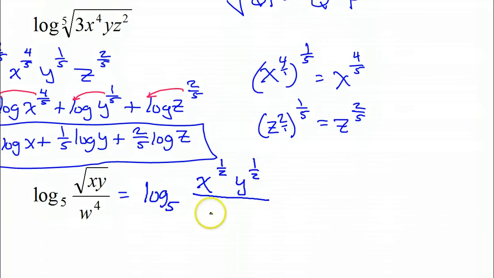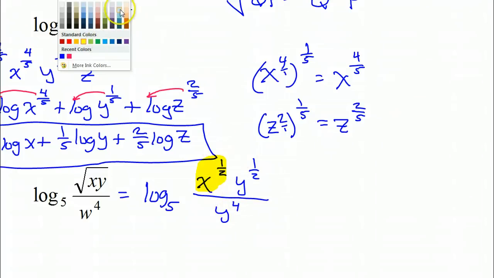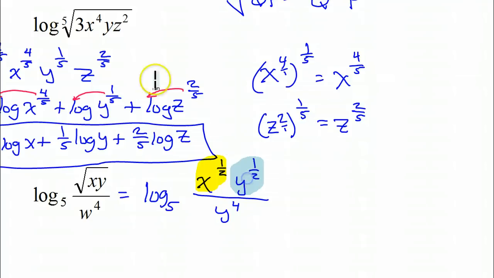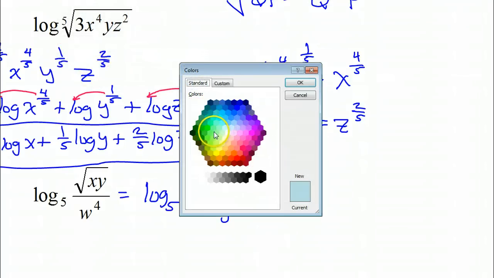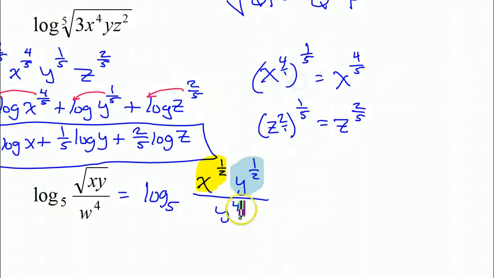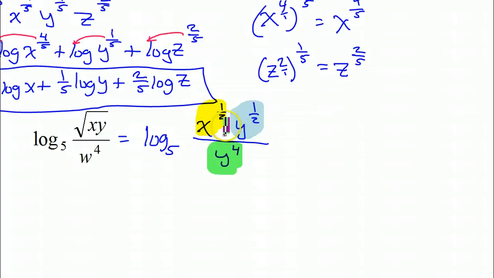Now once again, I need you to see I've got 1, 2, 3 things. The 2 things in the numerator are going to come out positive, though they will be positive terms. This 1 thing in the denominator will give us a negative term. Positive, positive, negative.